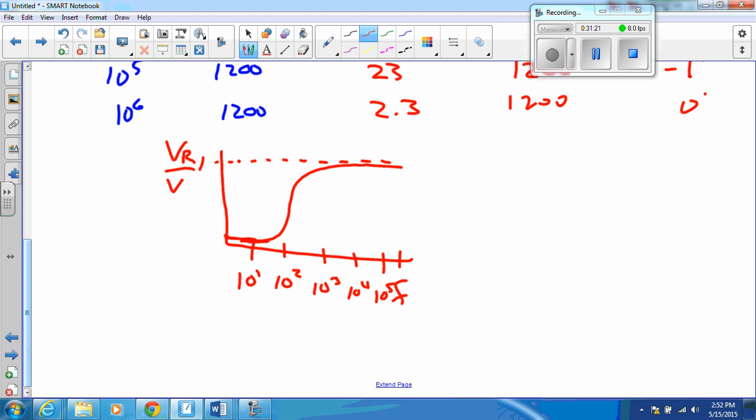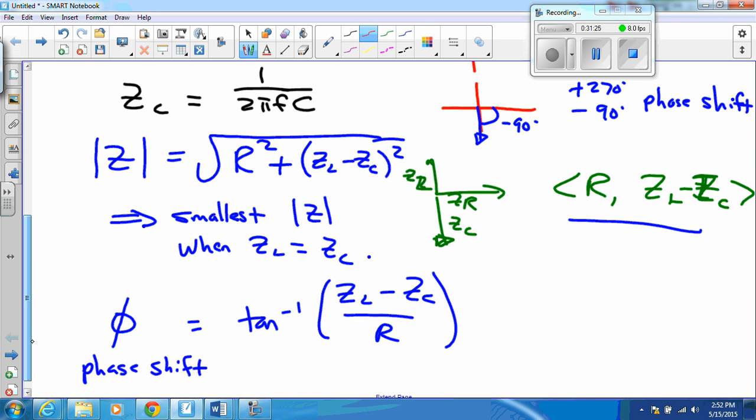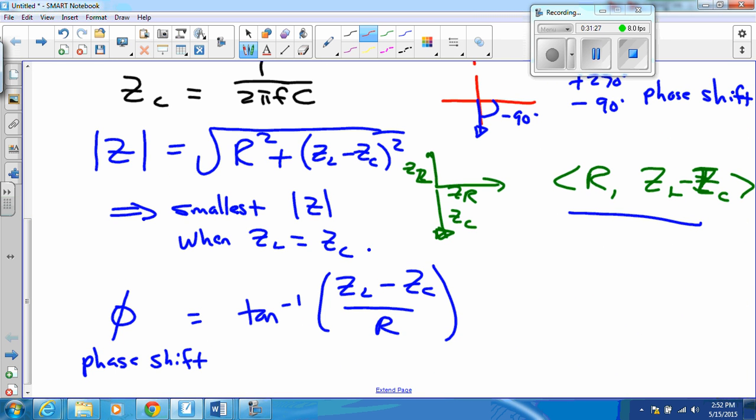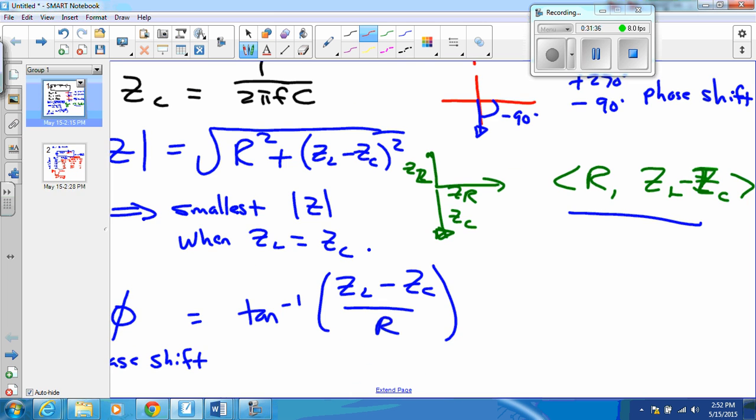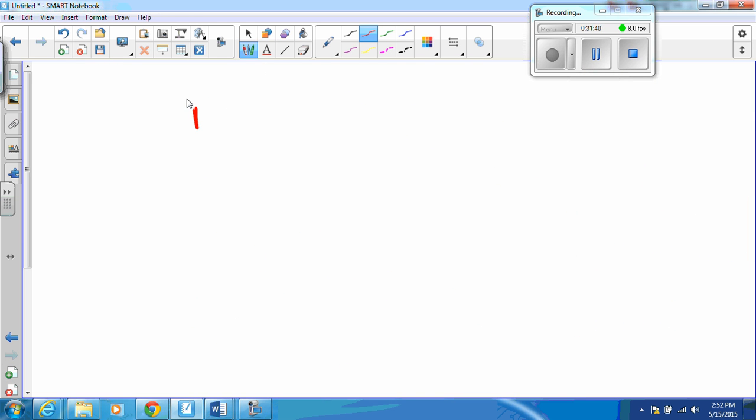One more thing that I promised I would talk about is resonant frequencies. We'll go all the way back to the observation that we made, that the impedance is the smallest when ZL is equal to ZC. So I want to take that and just do the math on it. Let's say I have an RLC circuit, and I'd like to tune it to find the frequency that gives the smallest impedance.